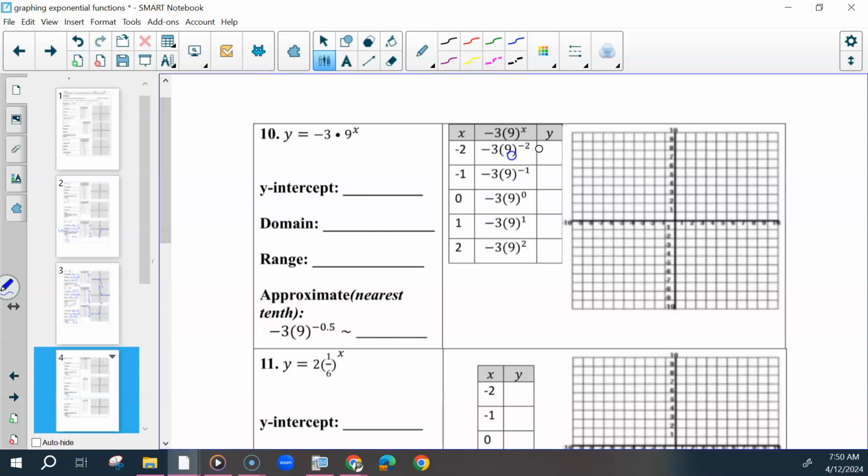So do 9 to the negative second power, multiply that by negative 3. Will that simplify? It might. I don't know to what. You put it in and it didn't simplify.